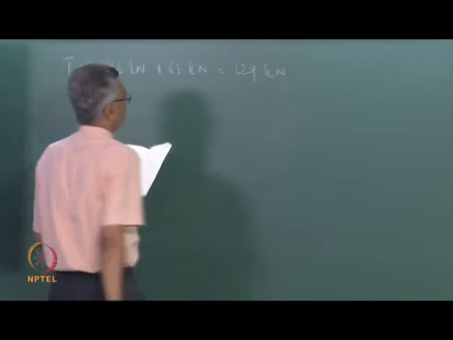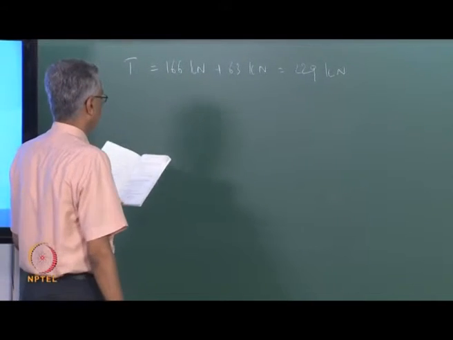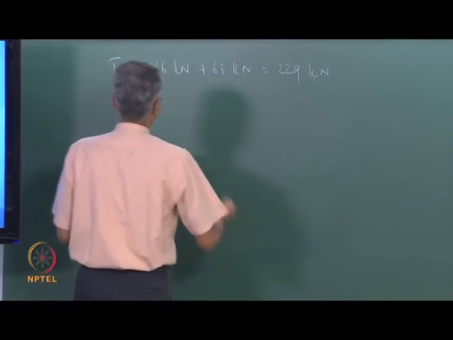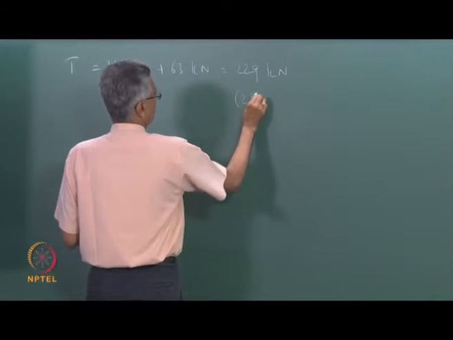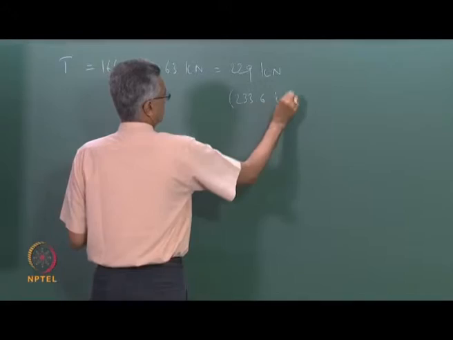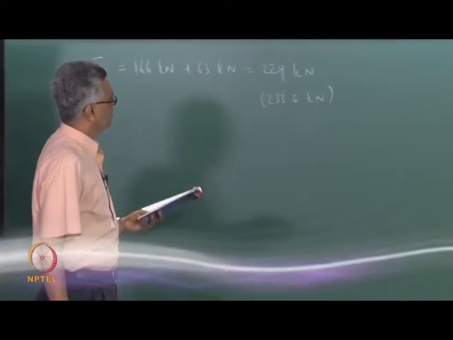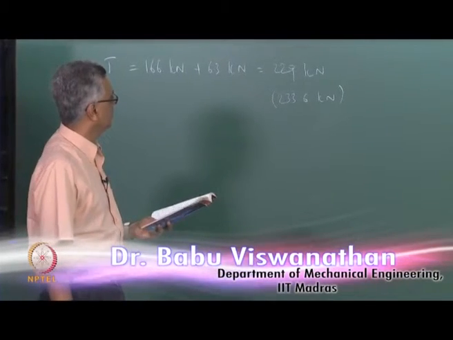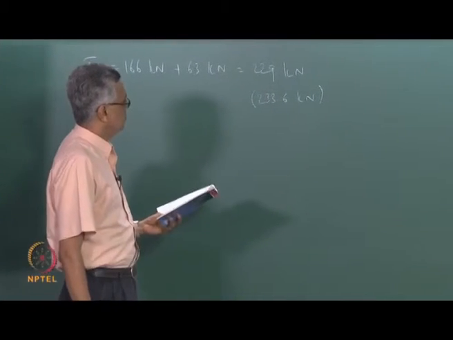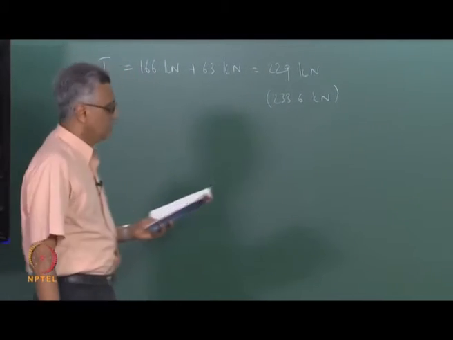And we compared this value with the value quoted by the manufacturer, which was about 233.6 kilonewtons. So the comparison appears to be reasonably good, and we come to the conclusion that the calculation procedure is probably okay.